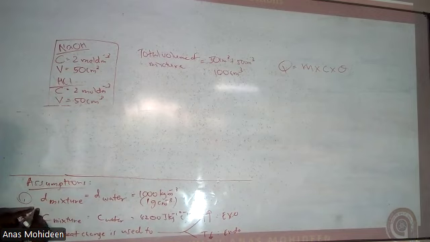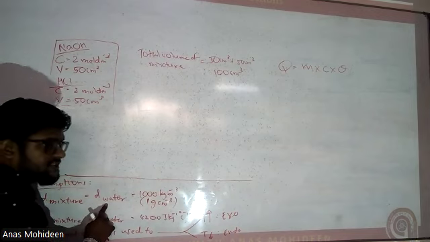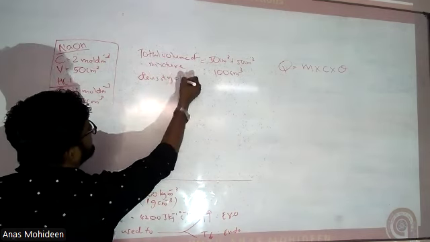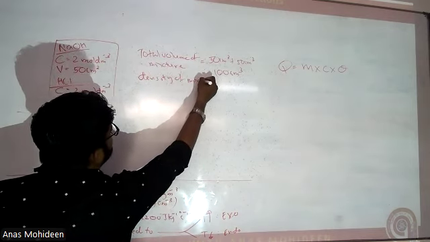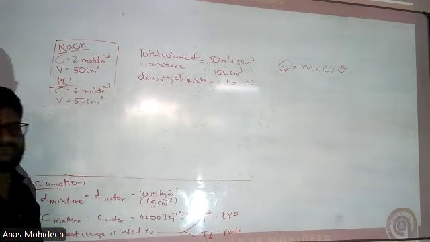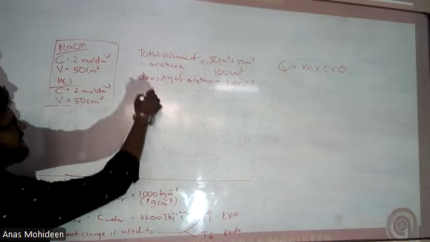What is the first assumption? The density of the mixture is equal to the density of water. So I'm going to take the density of the mixture as 1 gram per cubic centimeter.